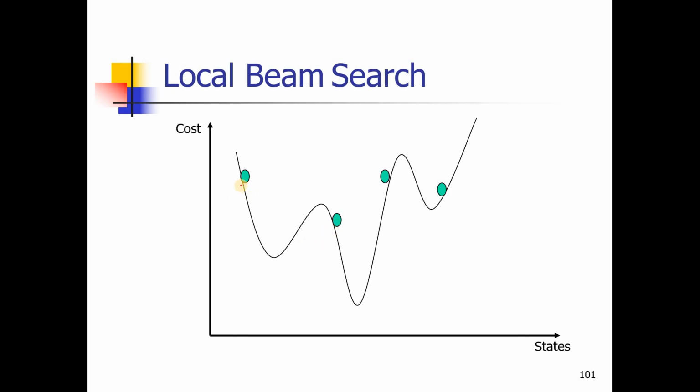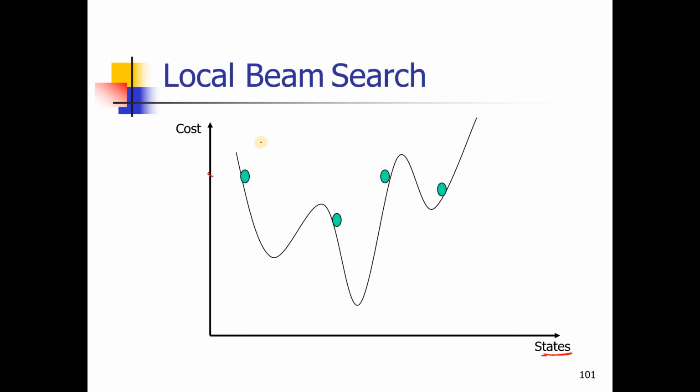So you select 4 random points in the search space. Clear? So you select 4 random states from the overall search states. All of them are randomly selected, and for each state you map their cost.